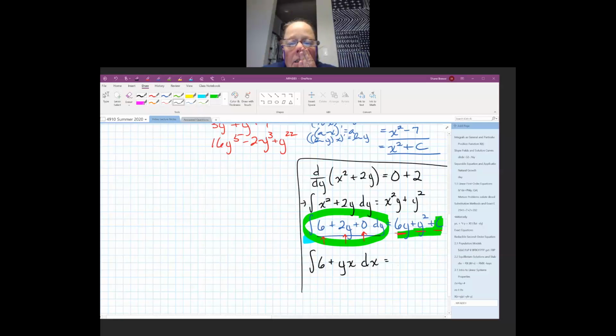Okay, that's going to be 6x plus, is that going to be x divided by 2? I mean, x squared divided by 2, I'm sorry. Yeah, with that y there.